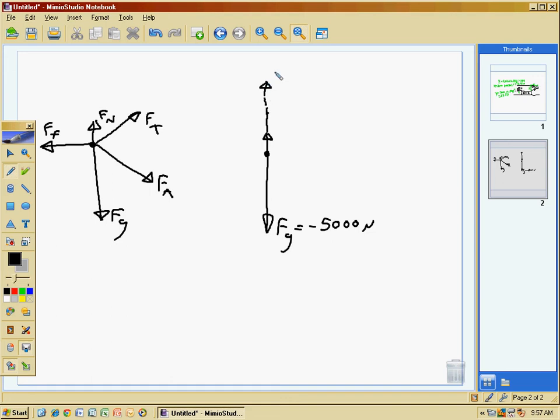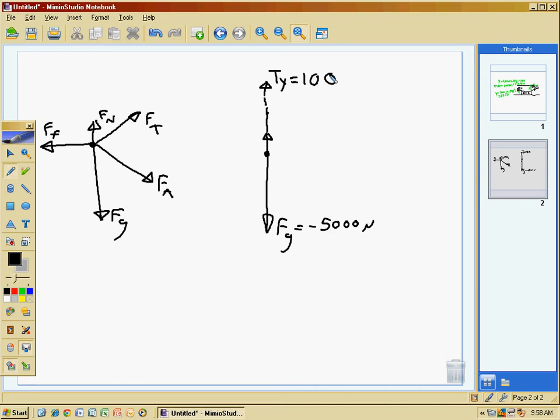That's up, so this is Ty. And what did that equal again? 100. The Y component was 100. And we also had a Y component of the applied force. Now, which way was that? Down. What was its number?